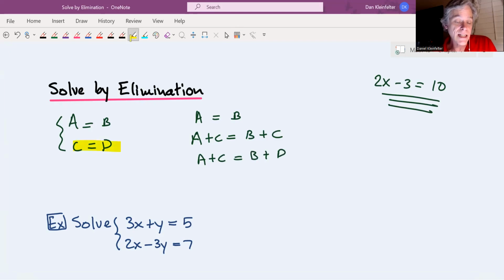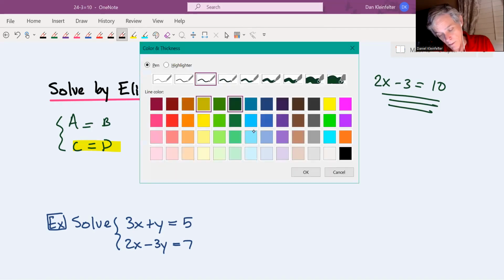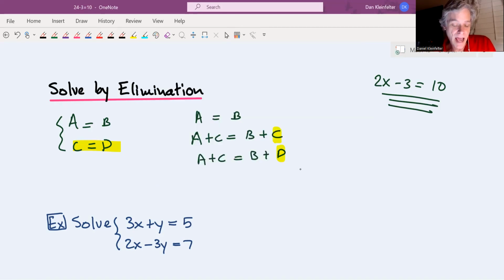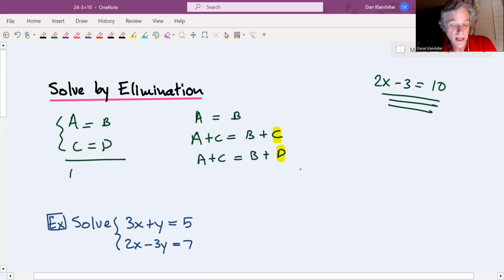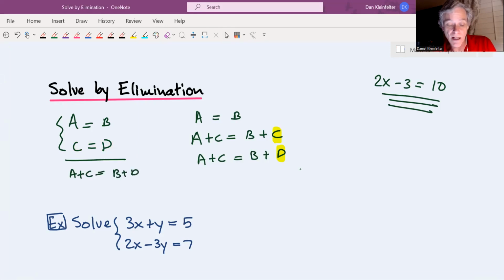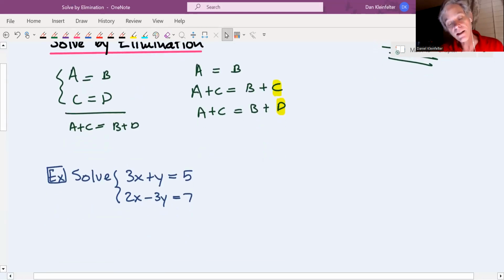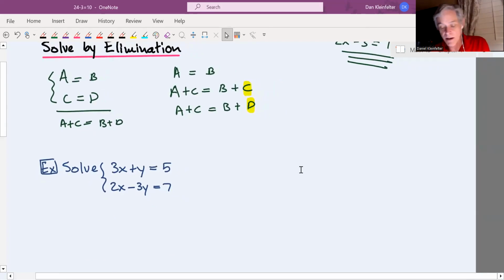Well, we're told that C and D are the same, so I can replace this upper C with a D. All right, so from there, taking a look, we've got A plus C equals B plus D. And so what this kind of justifies is that if we add together the left sides of two equations and the right sides of two equations, then we get a true equation.